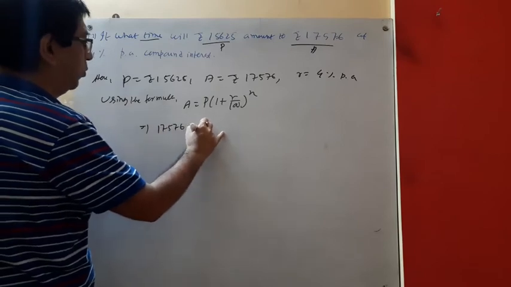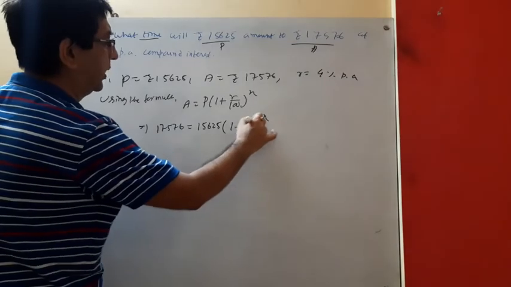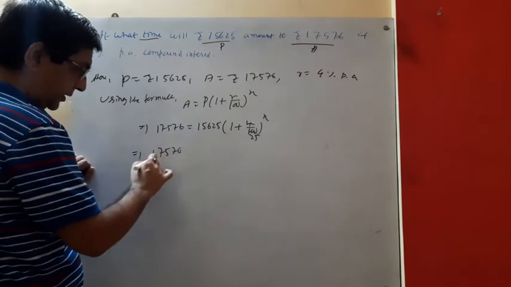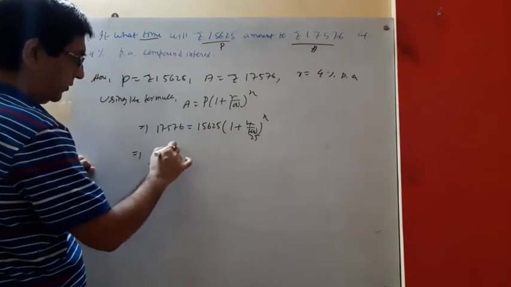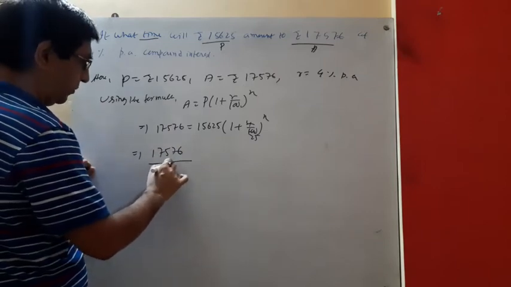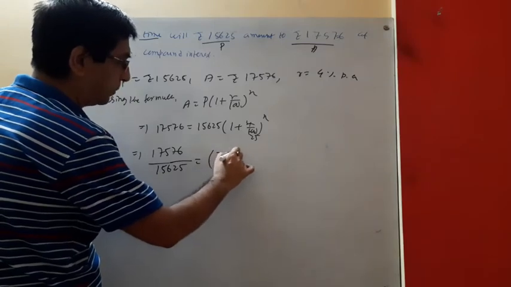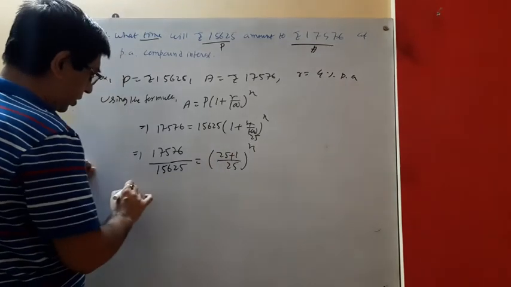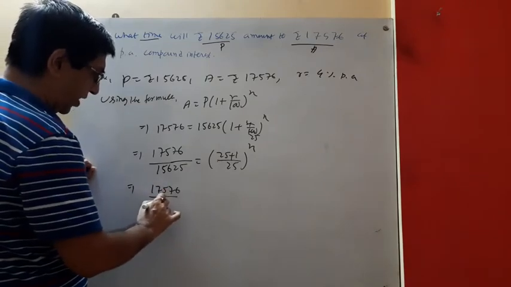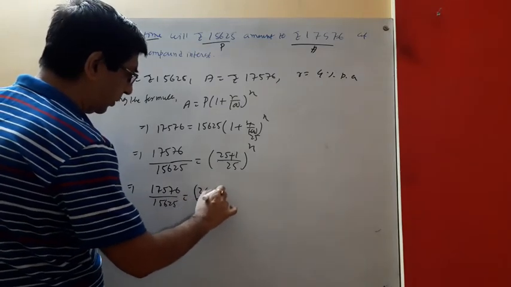What is P? 15625. 1 plus 4 by 100 whole to the power n. 17576 by 15625 equal to, 25 is the LCM, 25 plus 1 by 25 whole to the power n. So we are getting 17576 by 15625 equal to 26 by 25 whole to the power n.